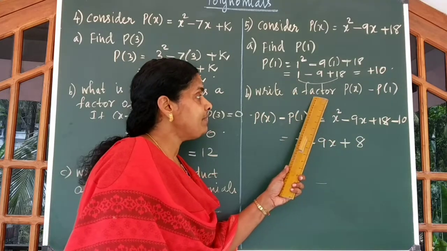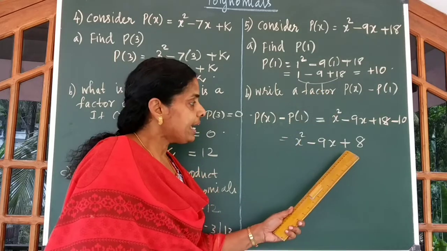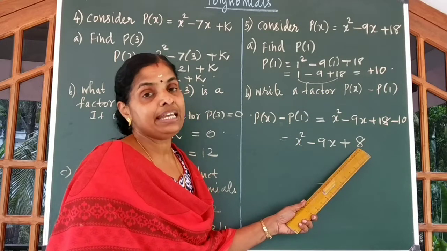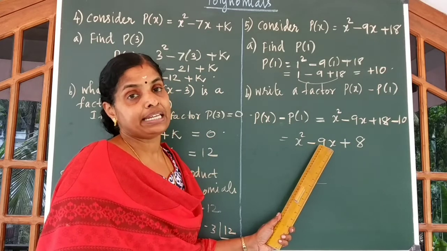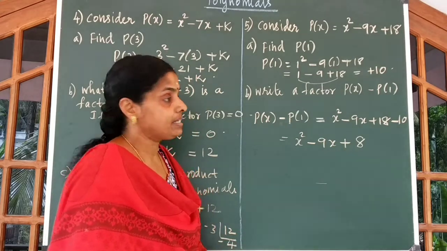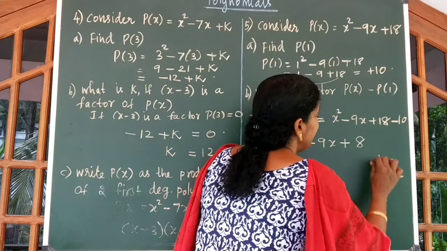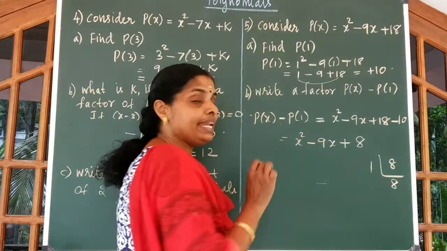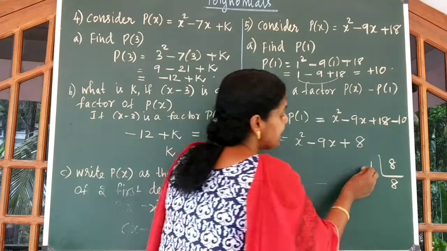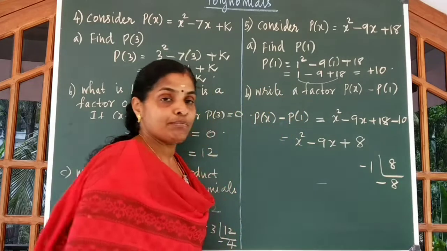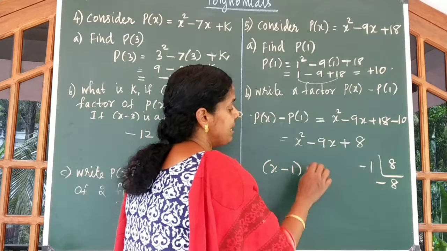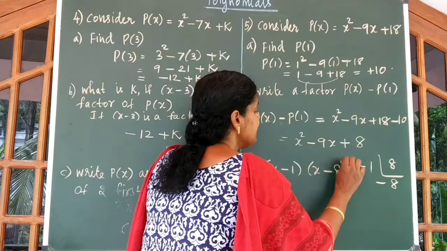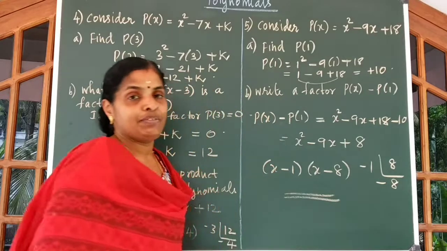Now, to write a factor, what we have to do? Again, look at these numbers. Product is 8, sum is 9. So, the very first factor, 1 8 is 8. To get a negative sign, give negative sign to both these numbers. Okay, so we can write x minus 1 to be a factor, x minus 8 to be the second factor.